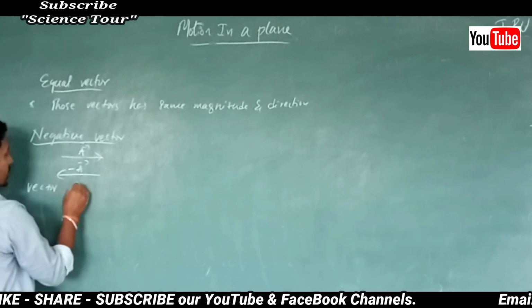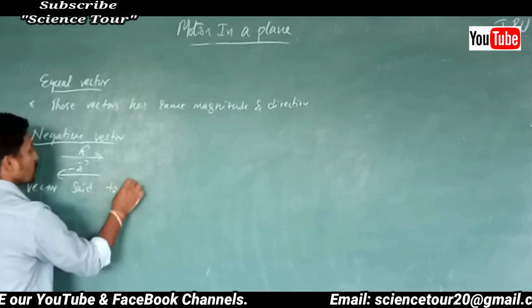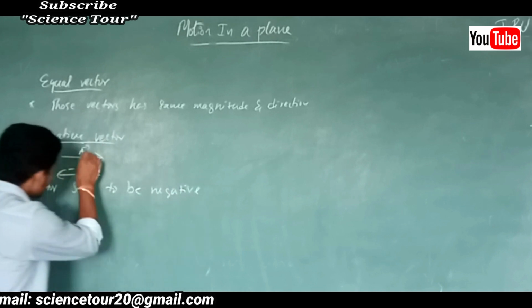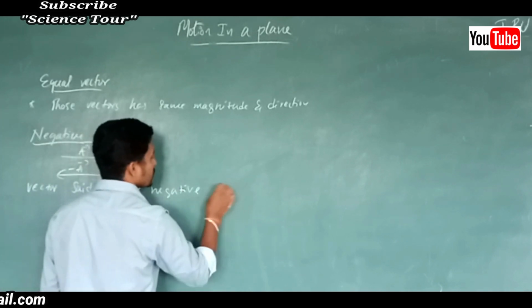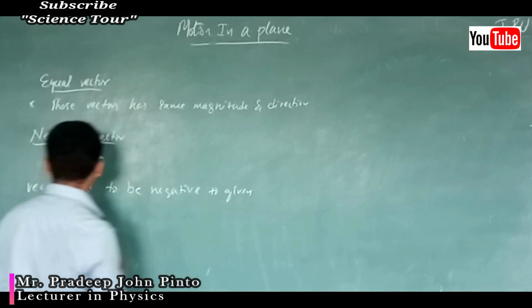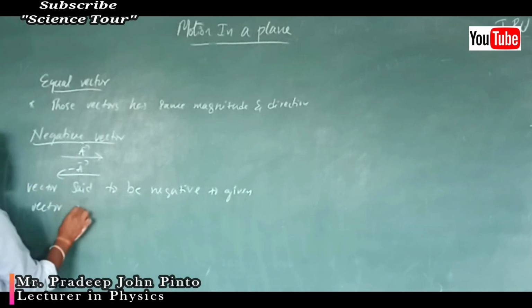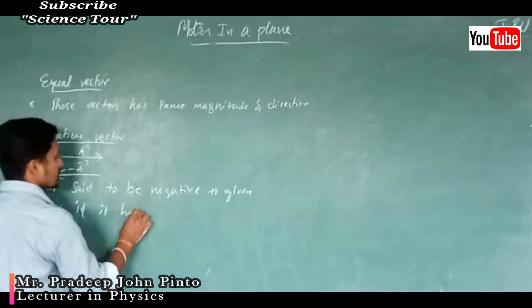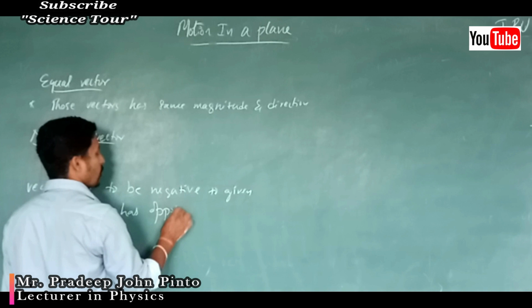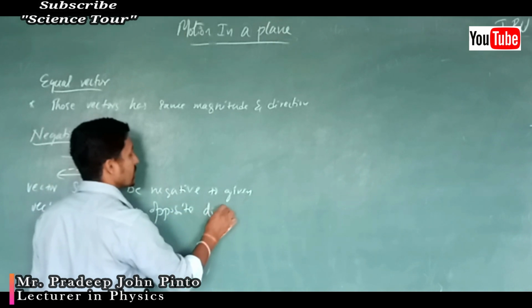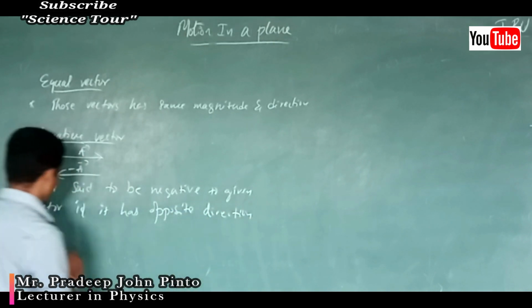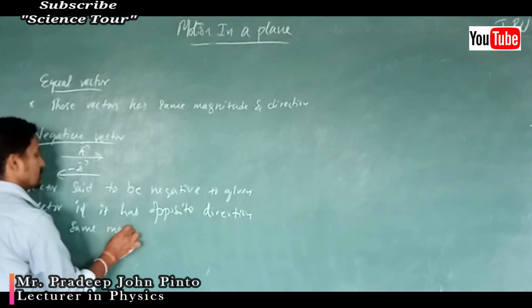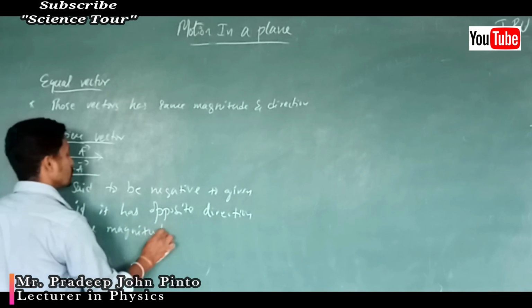A vector is said to be negative to the given vector if it has opposite direction with the same magnitude.